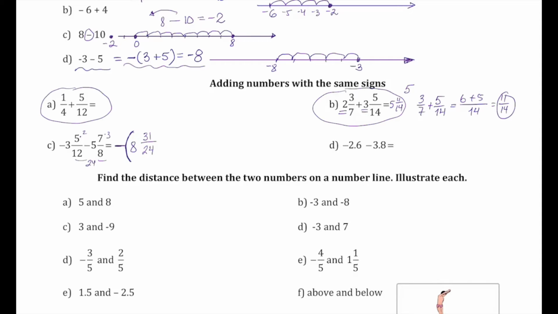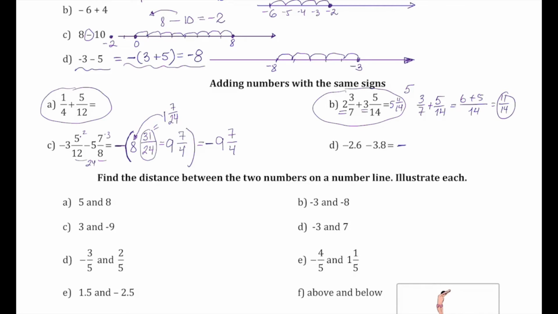And this is an improper fraction, so I have to turn this into 1 whole and 7/24. Then 1 plus 8 is going to be 9 and 7/24. But remember, there's a negative in front of this whole thing, so my answer is going to be negative 9 and 7/24.